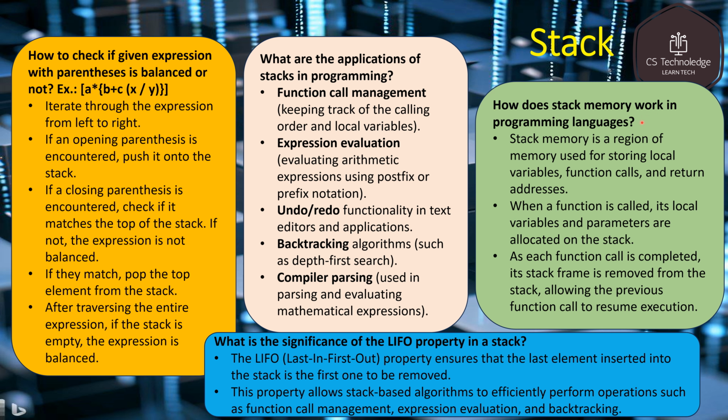So how does stack memory work in programming languages? This is a very important question. Stack memory is a region of memory used for storing local variables, function calls and return addresses. When a function is called, its local variables and parameters are allocated on the stack. As each function call is completed, its stack frame is removed from the stack, allowing the previous function call to resume execution.